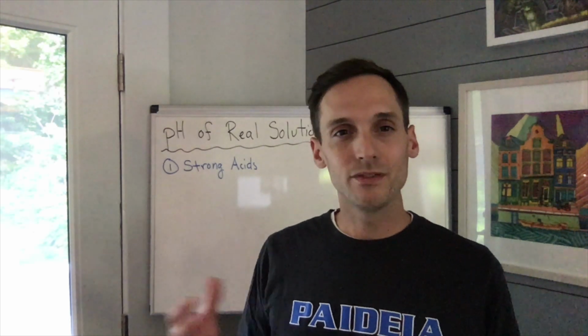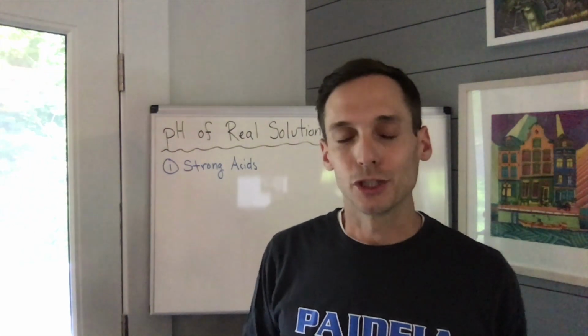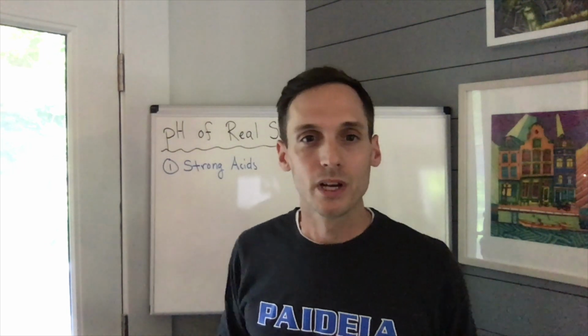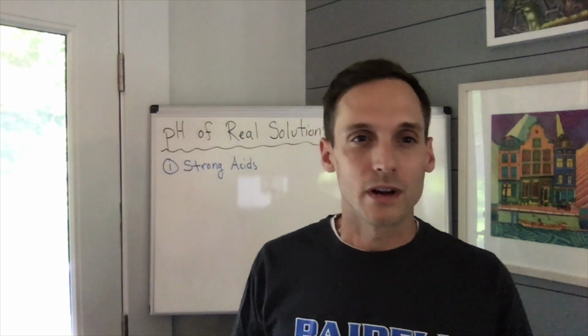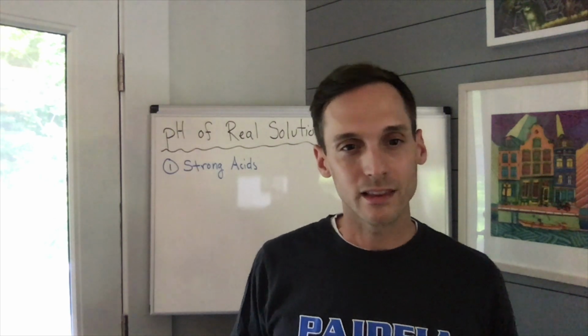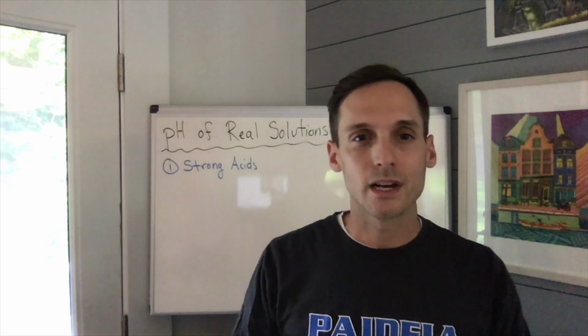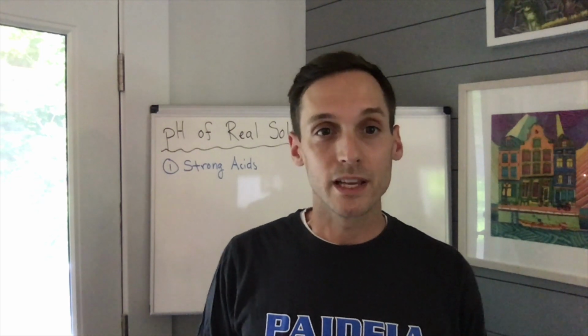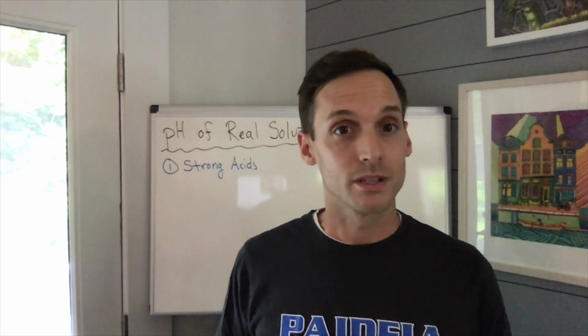But then I'm going to give you a shortcut way to get it. But I am going to go through how this all is derived at length. So put me on 2x and get through this lesson, but hopefully by the end of it, it'll make sense of how to calculate the pH of real solutions.